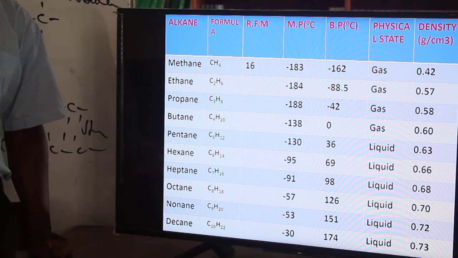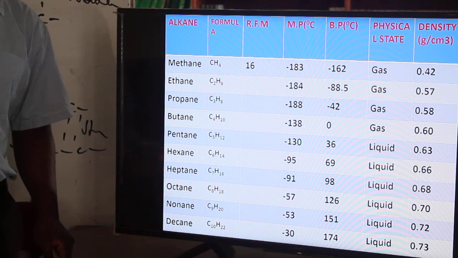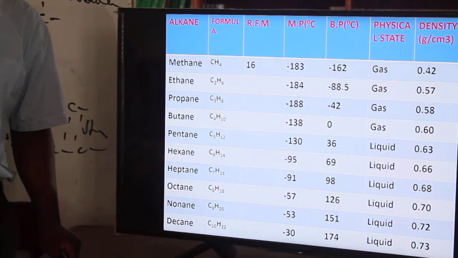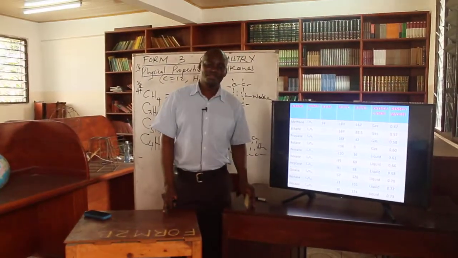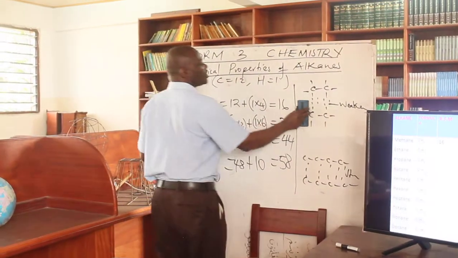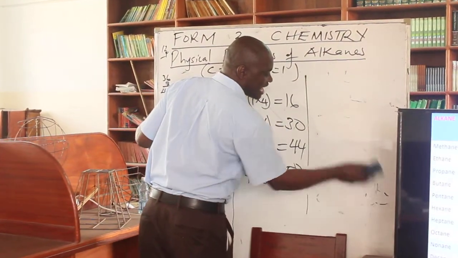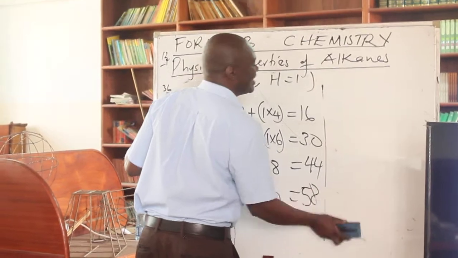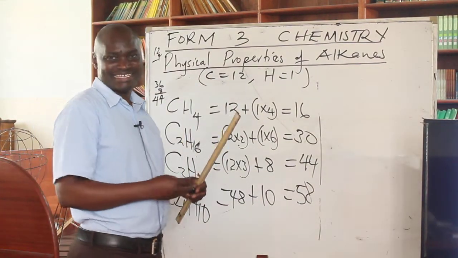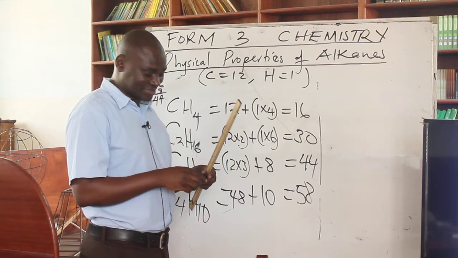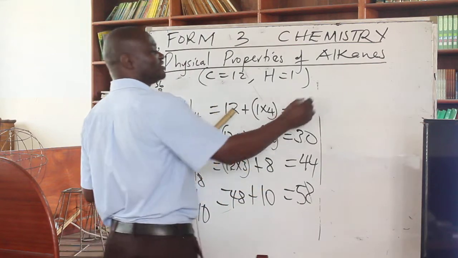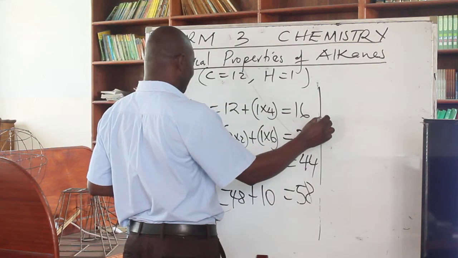That is something that as a chemist you must be able to explain. We learned that in Form 1. In Form 1 we learned that for something to exist as a solid or as a gas, all that depends on one thing: the attraction between the particles.